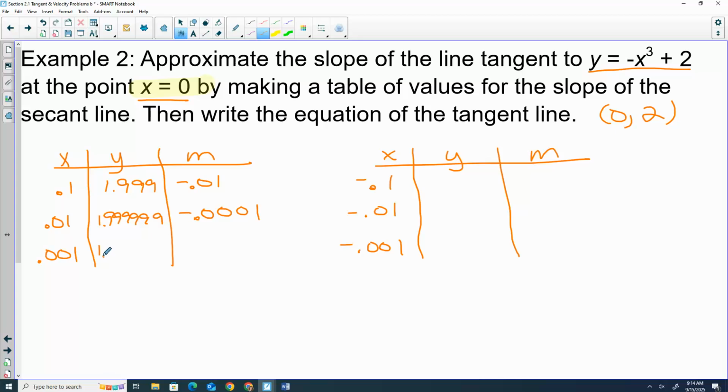Third one, if you plug it in, you get 1 and tons of 9s. Like 9 of them.